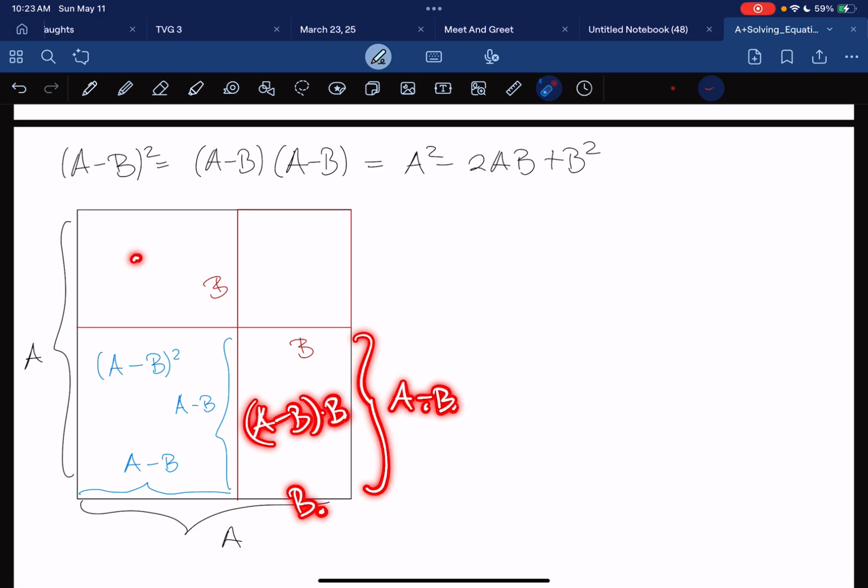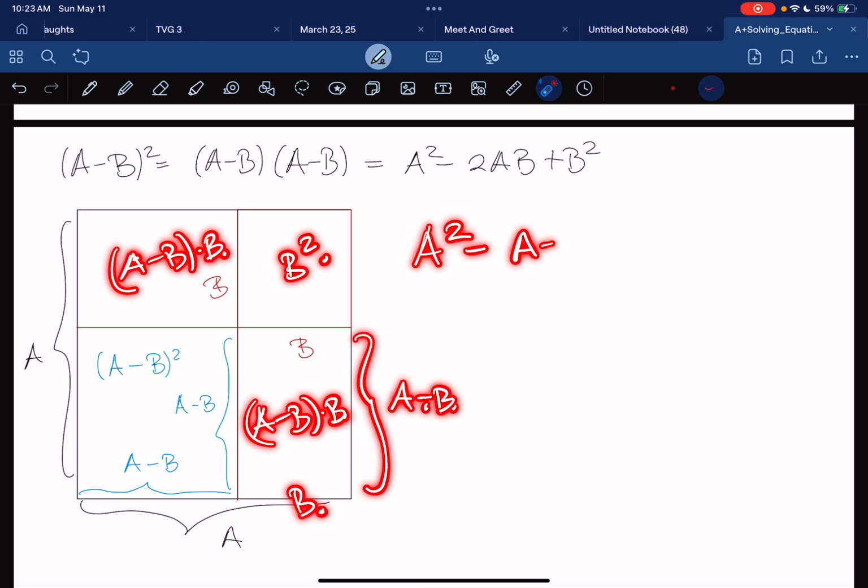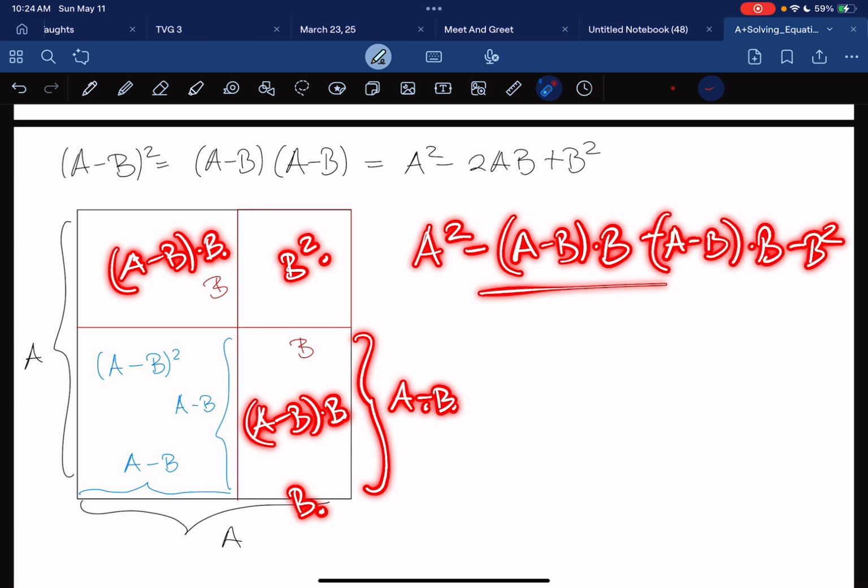You can subtract this area, which has base a minus b and has height b, and this other square, which is b squared. Okay, so we have a squared minus a minus b times b minus a minus b times b minus b squared. But this is really long and kind of complicated.